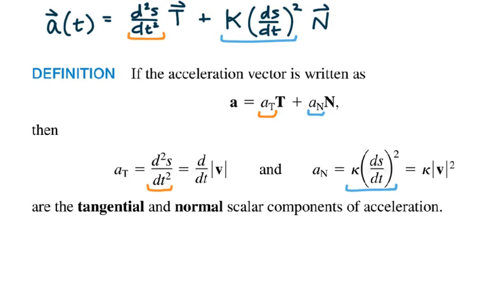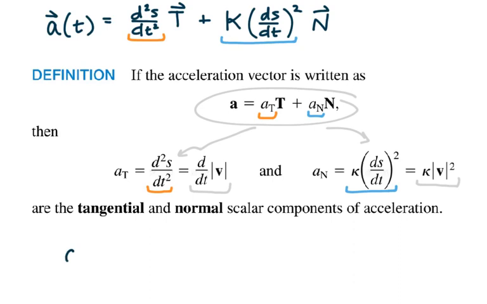So there's just different ways to write it, but you are going to want to remember this is my acceleration vector, and then we have these two components. And we can also think about writing those two components in this other method. So this definition above, we could remember it this way.